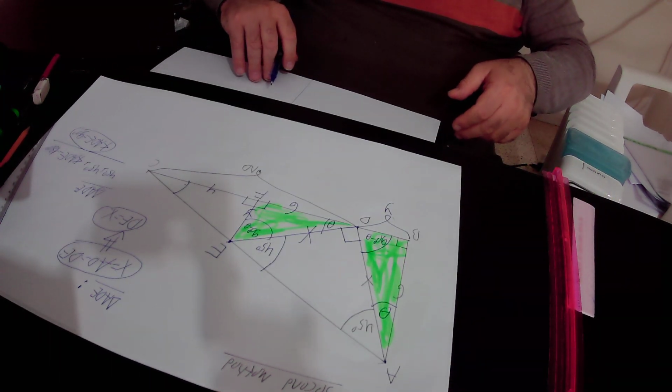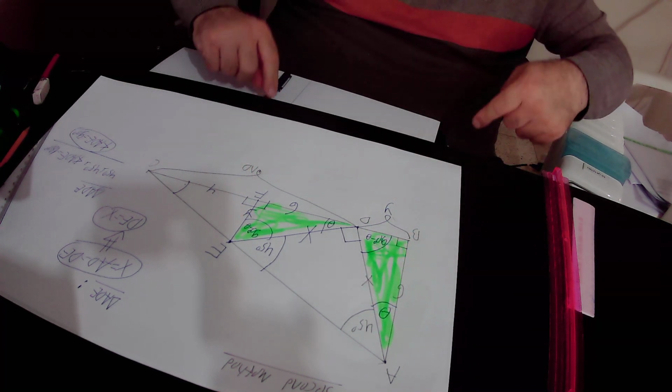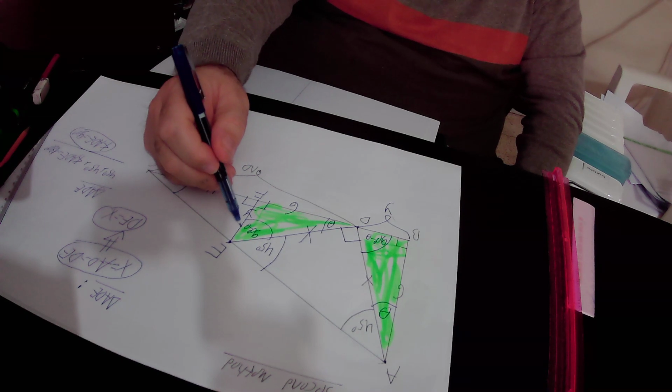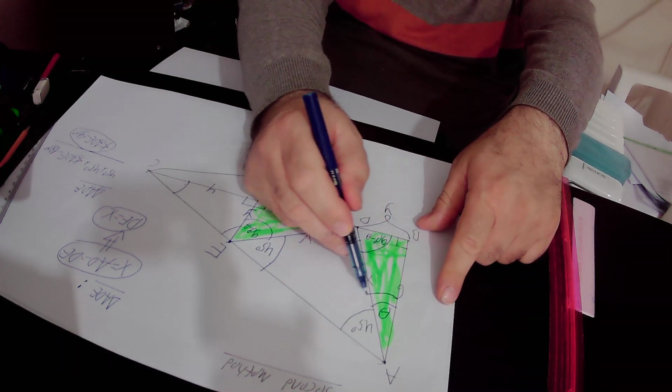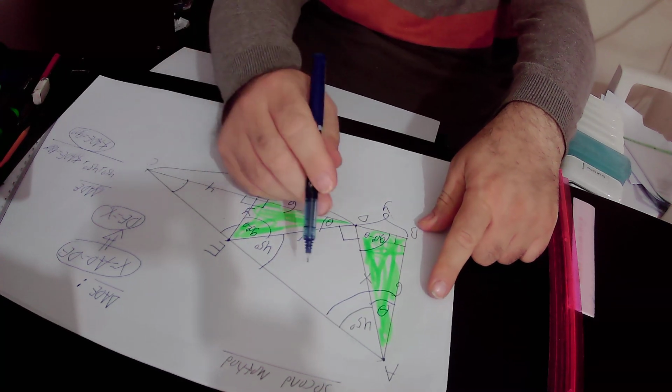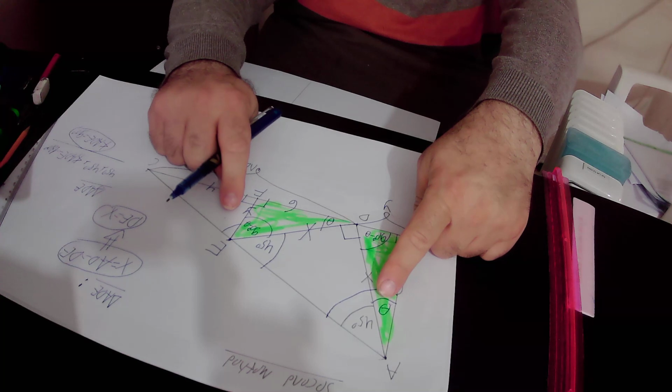And we also have those two angles that are also equal to each other. Those two angles are equal to each other according to the third angle theorem.